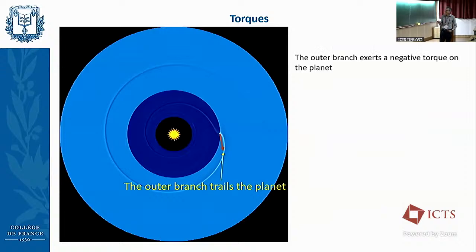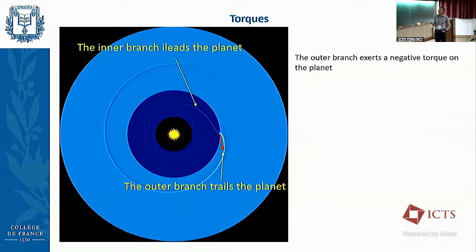Because the wave trails the planet, the force that this overdensity will exert on the planet is a force directed like this. So it's a force that opposes the motion of the planet around the star, so it exerts a negative torque on the planet, which means it slows the planet down. If it slows the planet down, the planet will lose energy and angular momentum and will spiral towards the star.